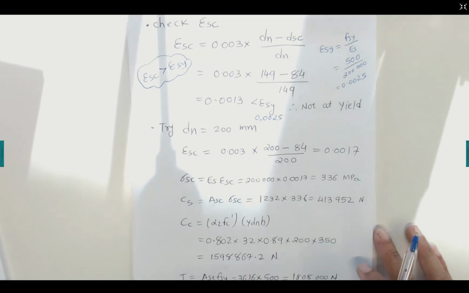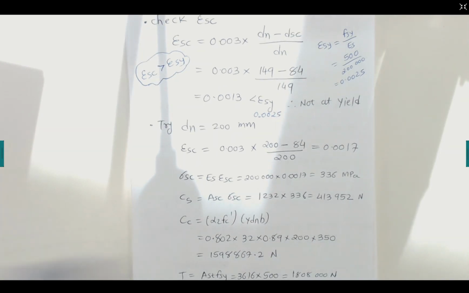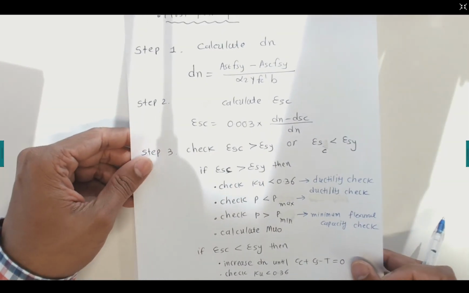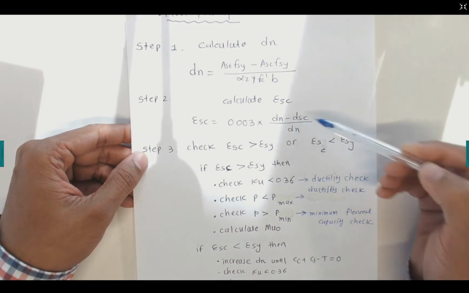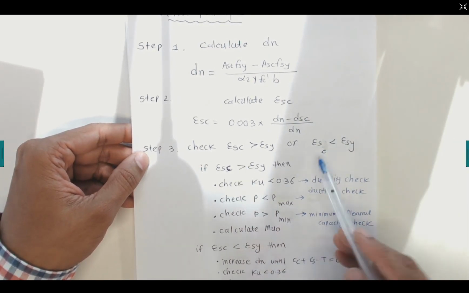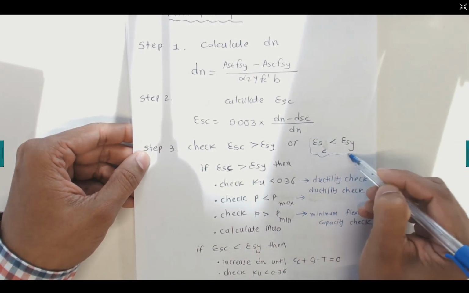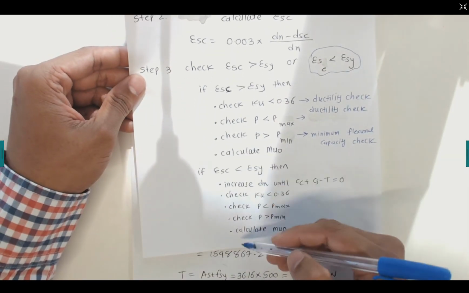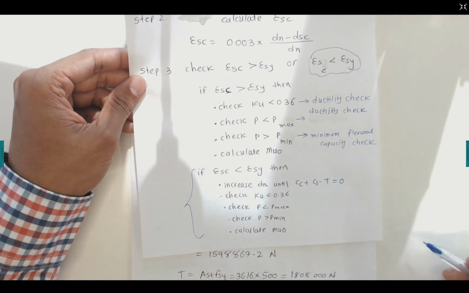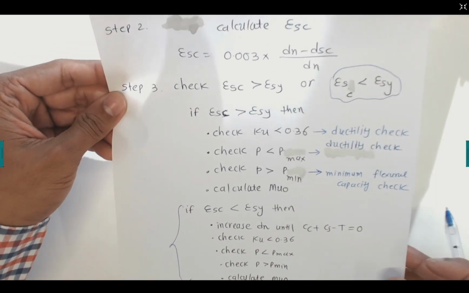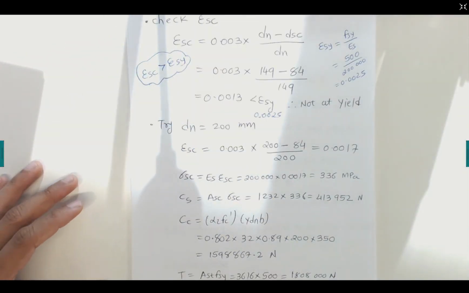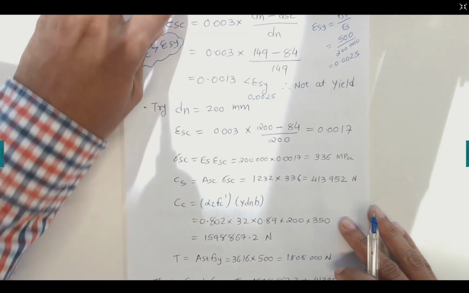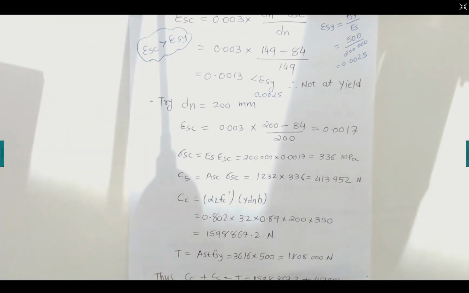Here we have the design procedure, where we calculate this one and this check comes in. Here ESC is less than ESY, so we need to follow these few steps. The next video will explain how we follow these procedures. Thank you very much.